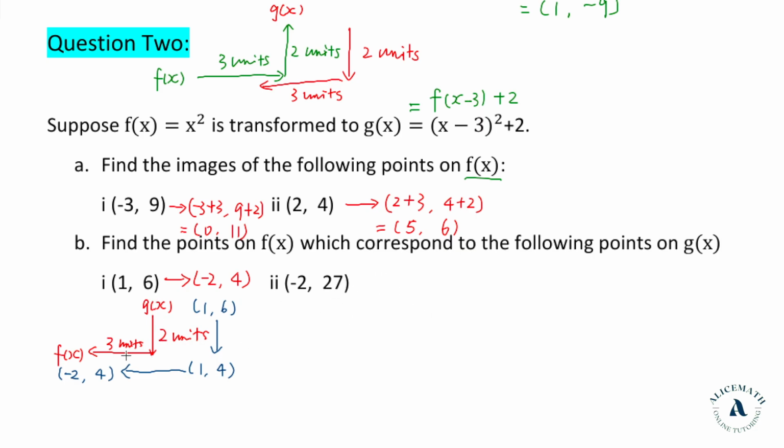The second one, negative 2, 27. We can use the same way as the first question. First we go down by 2 units. So it's negative 2 and 25. This means move downwards.